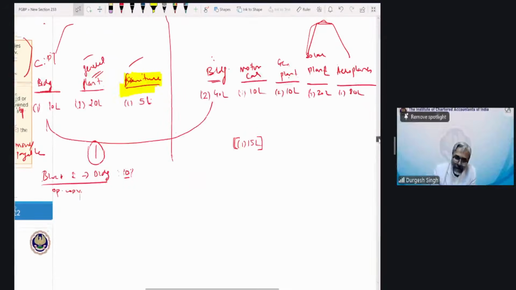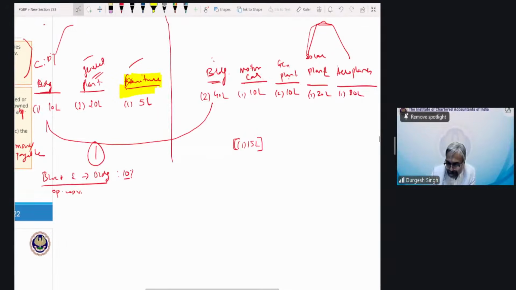Indeed, 50 lakhs. How many assets? 3 assets, 1 in cement, 2 in steel. So opening WDV 50 lakh. Is there any addition? No. Additions is nil. Money payable is also nil.